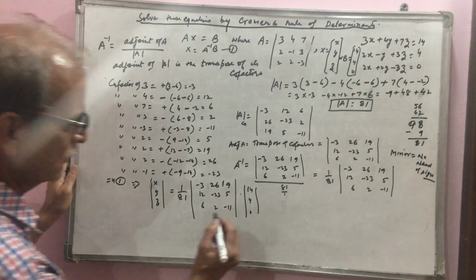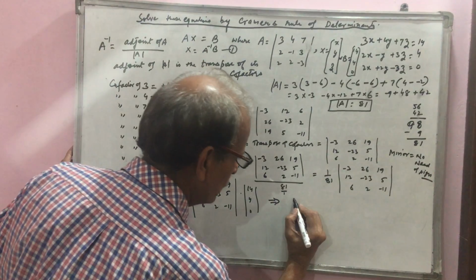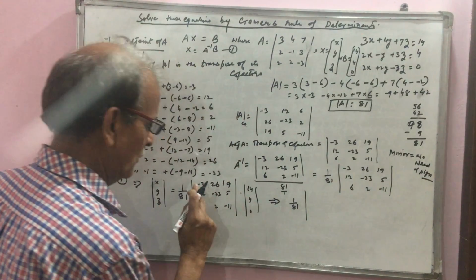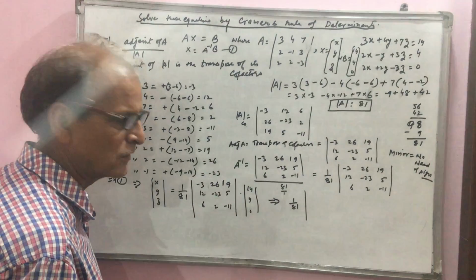So from here, 1 over 81, first row, first column, multiply these two matrices.